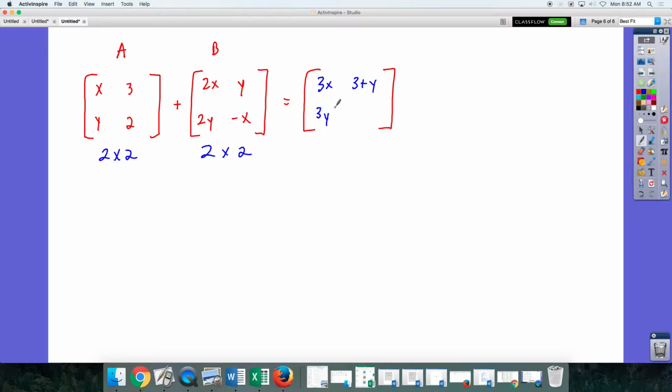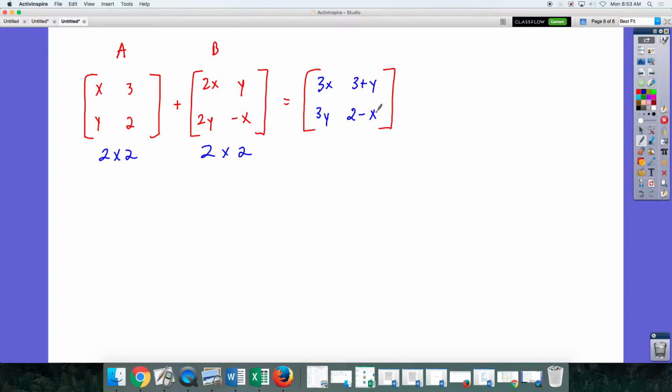All right, now I have 2 plus negative x, right? So those are not the same. They don't have the same letter. They definitely don't have the same exponent. So 2 plus negative x, what would that be? What am I going to write? 2 minus x, right? Because that negative will always overtake a positive, right?